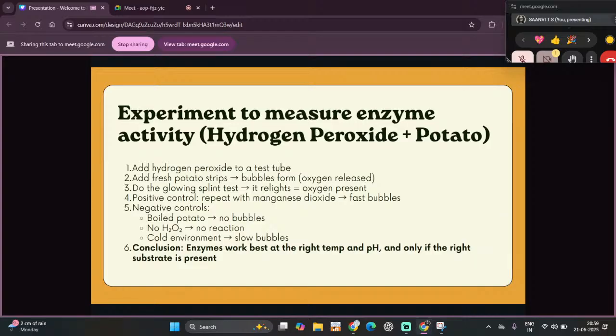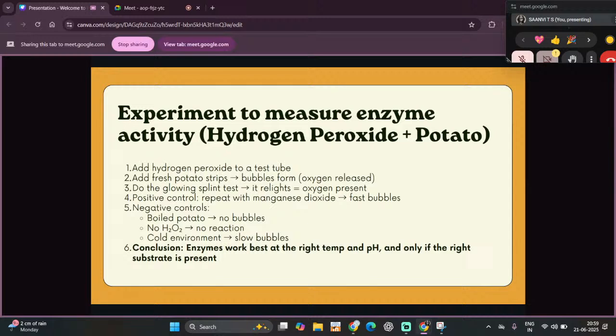So, how exactly did scientists know that enzymes speed up chemical reactions? They did a very interesting test, which is an experiment to measure enzyme activity using hydrogen peroxide and potato. The test goes as follows: we add hydrogen peroxide to a test tube, then add fresh potato strips, and then we see that bubbles are released. Now, how do we know that it is oxygen?